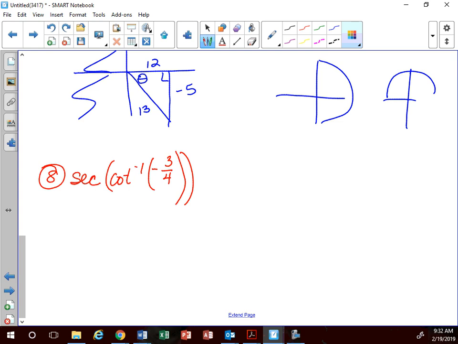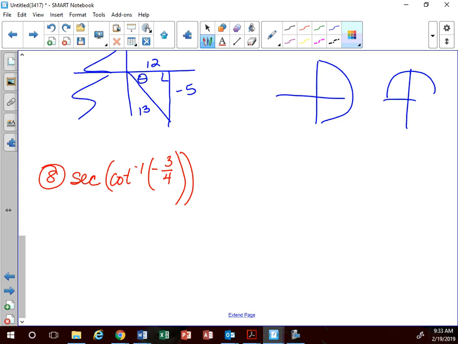Because it's not both of them. Step 1, triangle in the right quadrant. Okay, you got to figure that out first. If you need to, go back and double check.